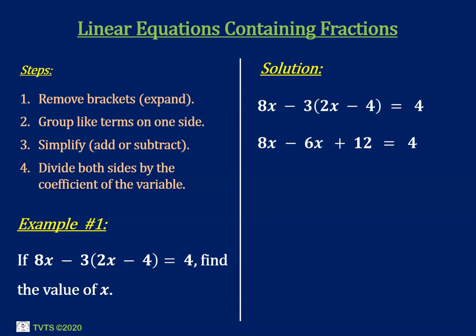Now, let's group like terms by subtracting 12 from both sides. This gives 8x - 6x on the left-hand side and 4 - 12 on the right-hand side.